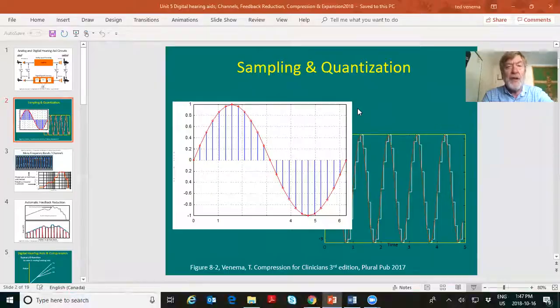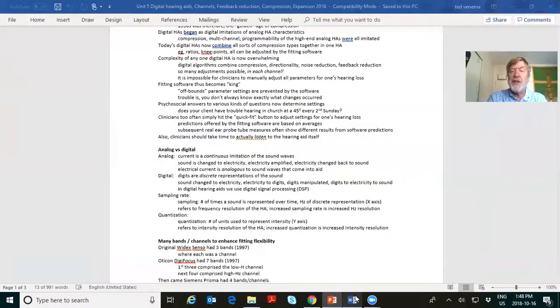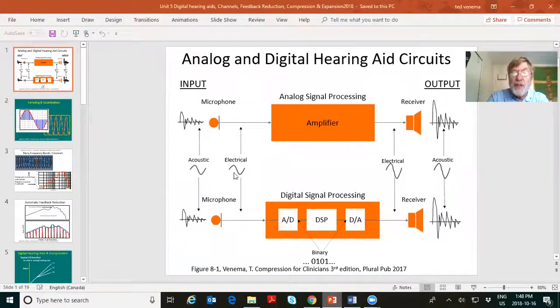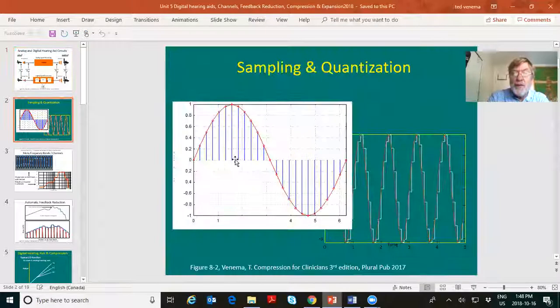Anyway, I will escape out of here and read our writing. Analog versus digital. Analog current is a continuous imitation of the sound waves. The electrical current is analogous to the sound wave.